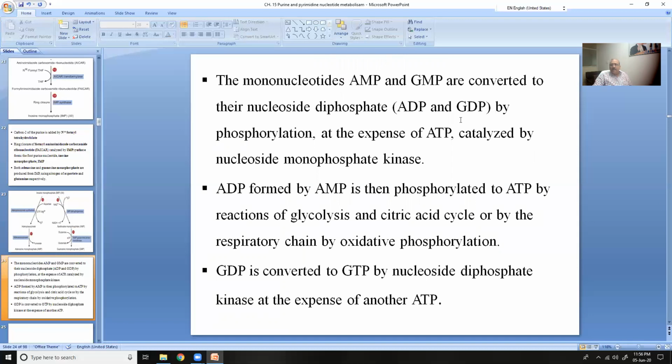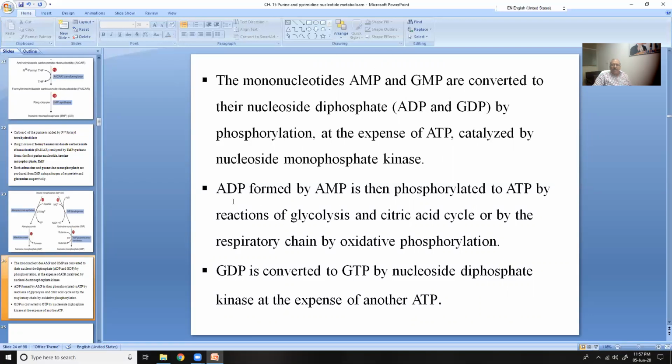Okay, and this phosphate is coming by ATP. So it is giving one phosphate to AMP and it's changing to ADP. It is giving another phosphate to GMP and it is becoming GDP.